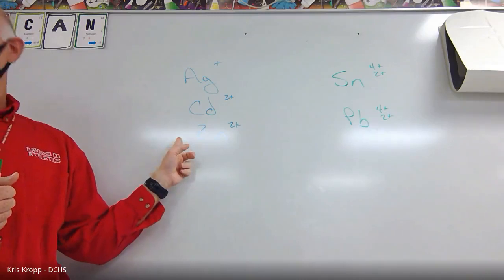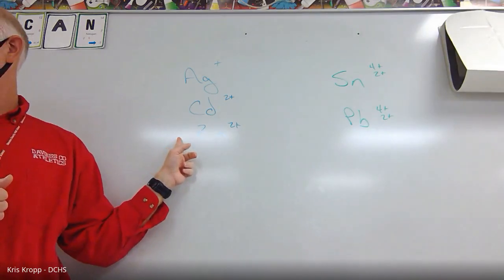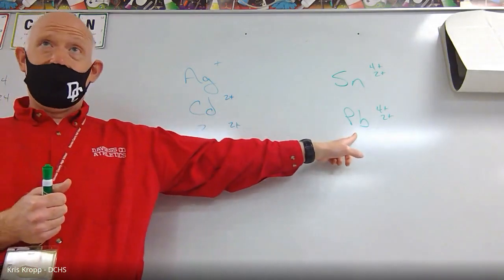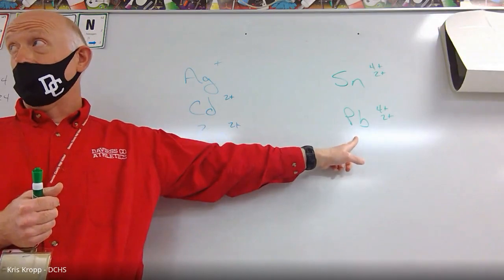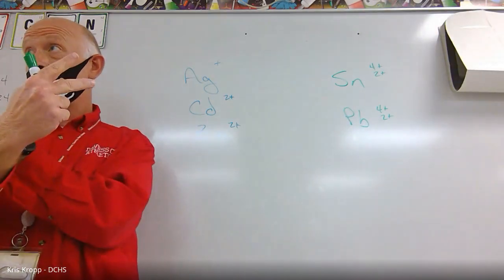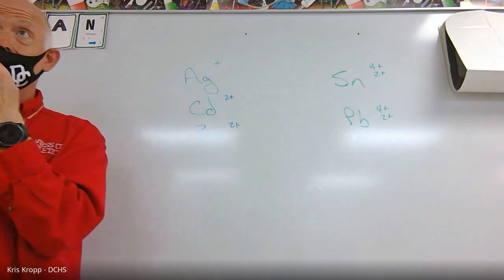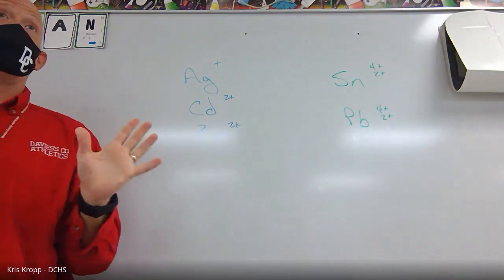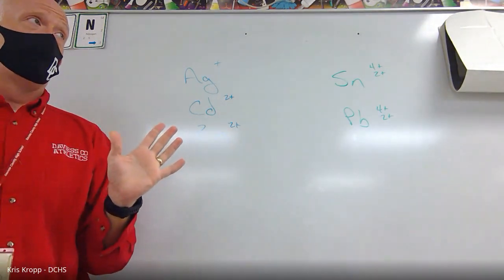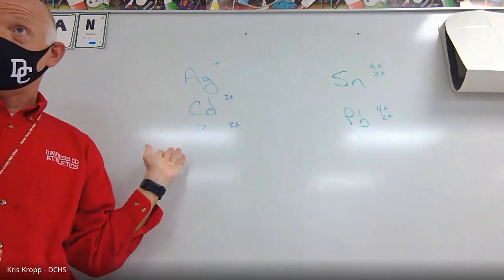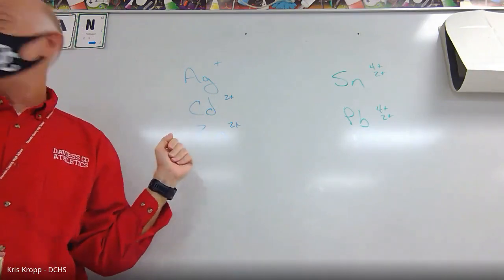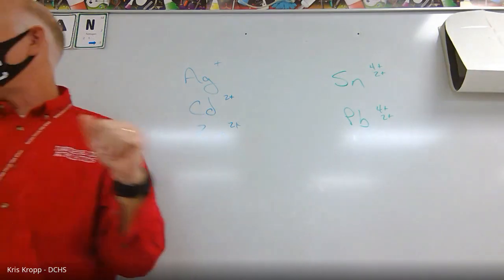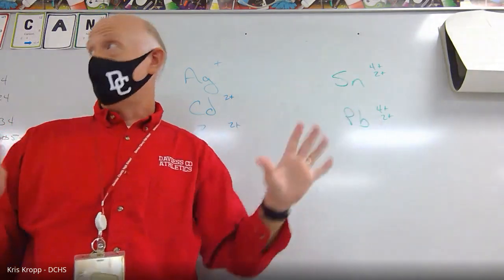So, no Roman numeral for those transition metals, and a Roman numeral must be used for those main block elements. So it's kind of the exceptions to the rules, right? The rule is the transition metals need Roman numerals, except for these 3 in my class. And the main block elements don't need Roman numerals, except for these 2 in my class.